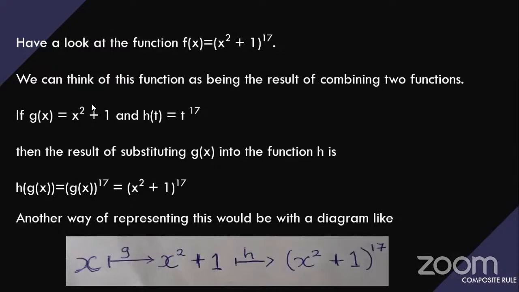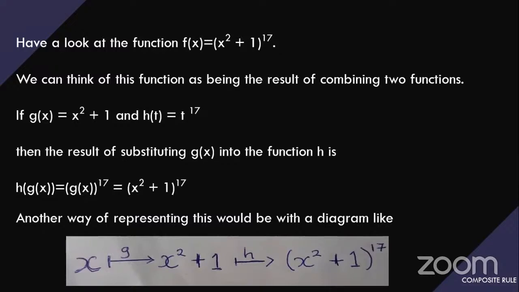If g of x is equal to x squared plus 1 and h of t is equal to t to the 17, then the result of substituting g of x into the function h is h of g of x equals g of x to the 17 equals x squared plus 1 raised to the power of 17.